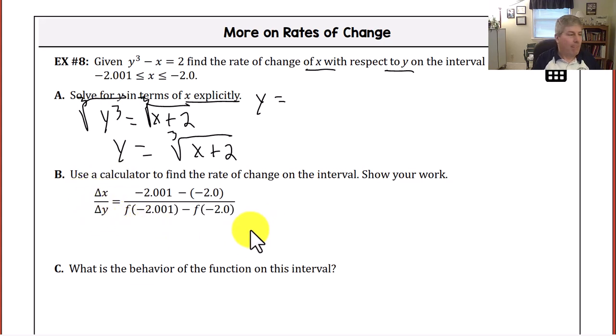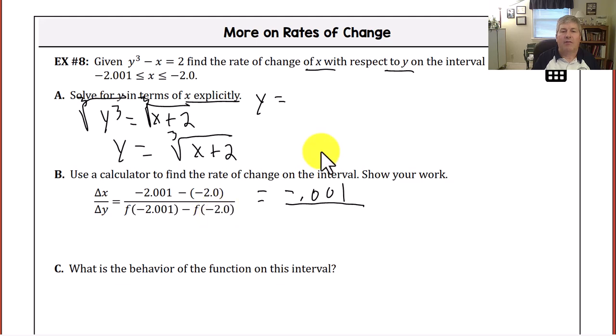So we get negative 2.001 plus 2, which is negative 0.001. Now we have to go in our table of values and find out what f of negative 2.001 is in this function and f of negative 2.0.